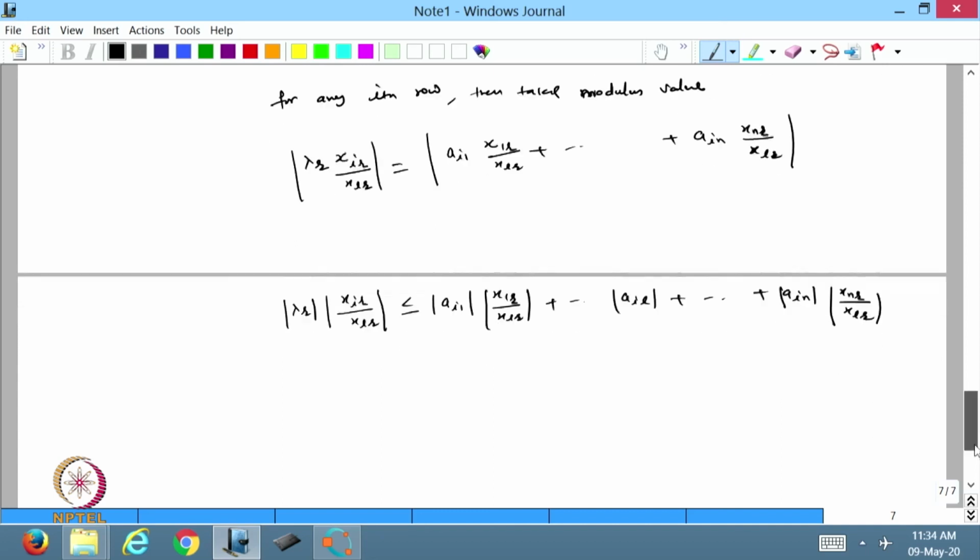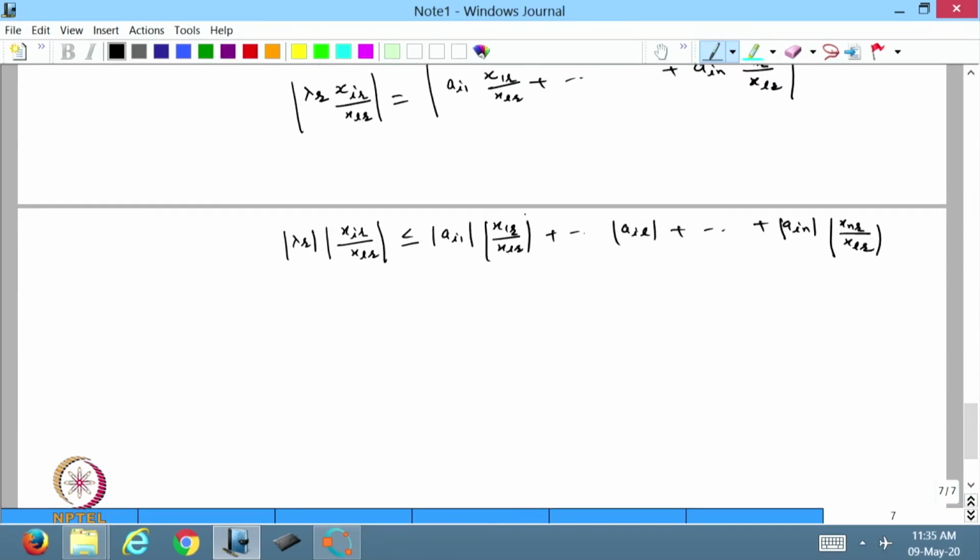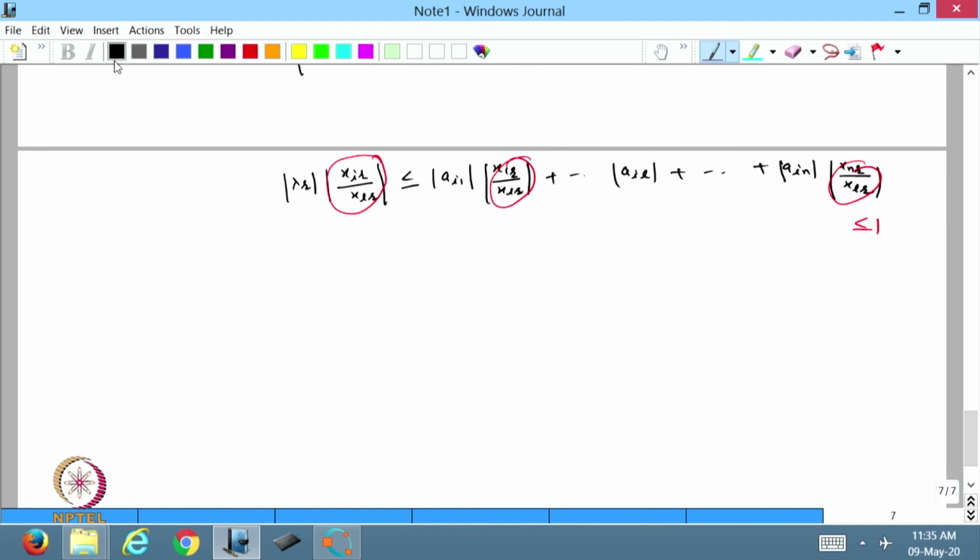Now, I know that all this component, this component, this component, all are less than or equal to 1, because we have chosen this x_L^r as the maximum element. So, all these values will be less than 1. So, this is true for all i.